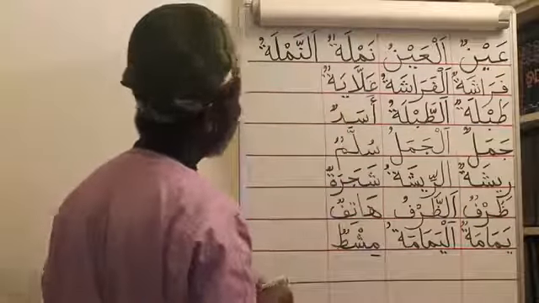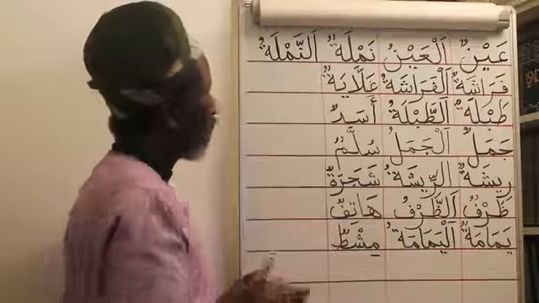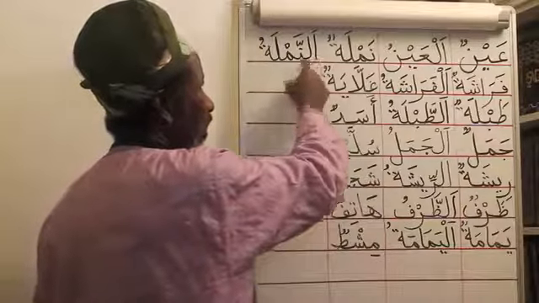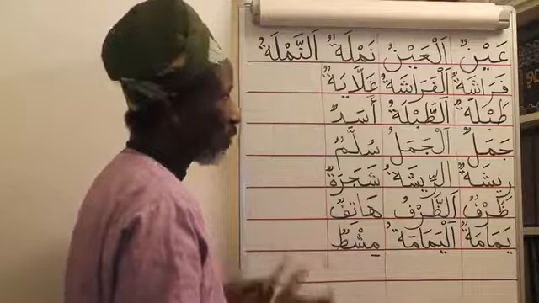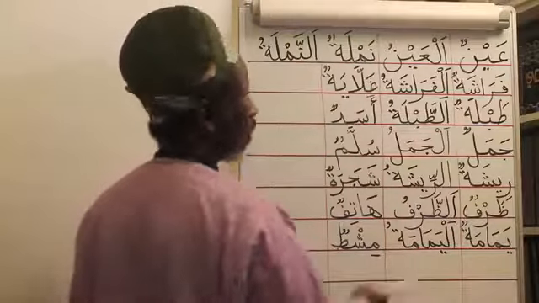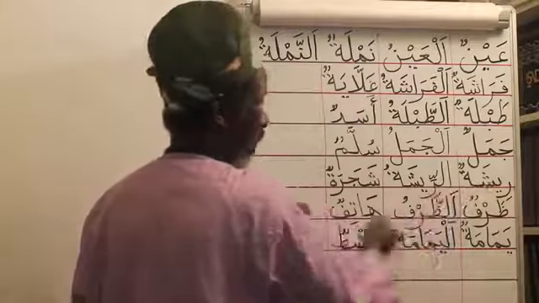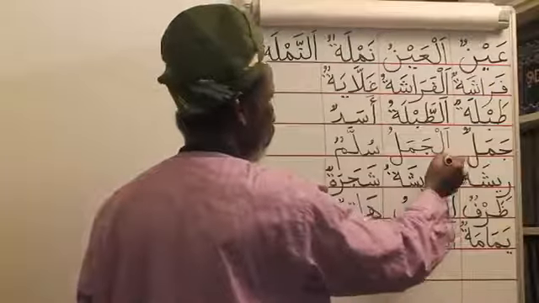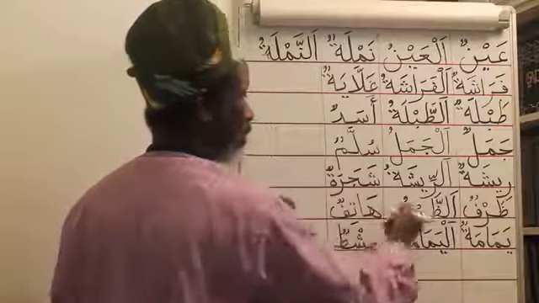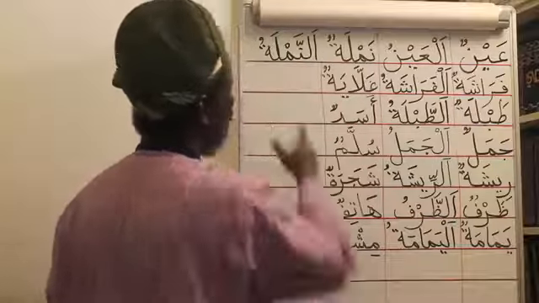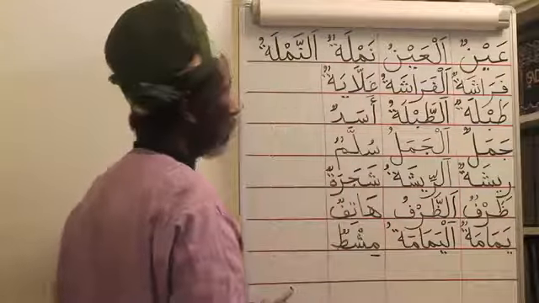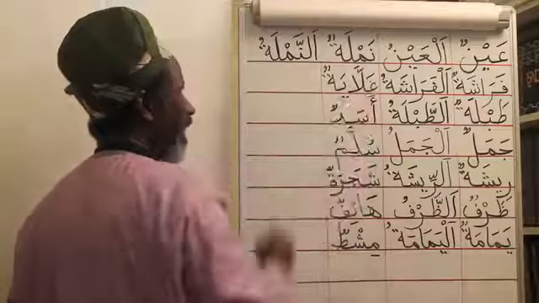You notice that all the sun letters, when they come after the lam of "al", we put a shadda on them. Such as Rishatun becomes Ar-Rishatu. An-Namlatu. Next, Ghilayatun.